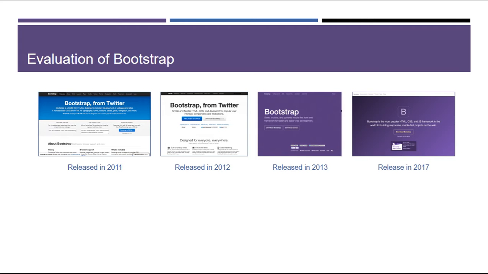I will talk a little bit about the evolution of Bootstrap. These two versions are basically most different from the other two versions, 3 and 4. This one was released in 2011 and this one in 2012. Basically they used responsive classes as spans.